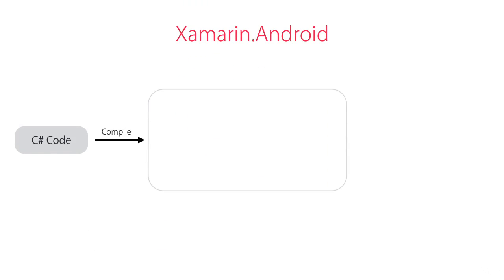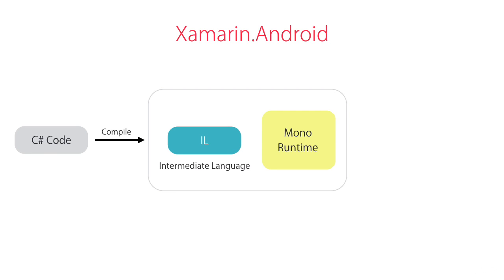When you build an application with Xamarin.Android, the Xamarin C# compiler compiles down your C# code to intermediate language or IL. It also embeds the Mono runtime with your application. This Mono runtime is similar to the CLR that you should probably be familiar with.